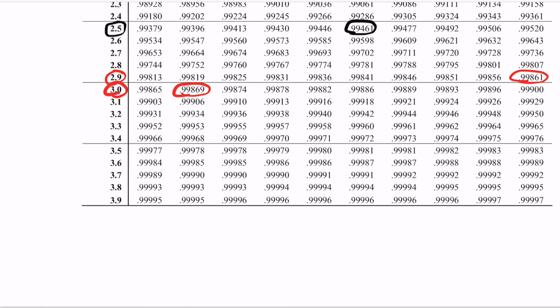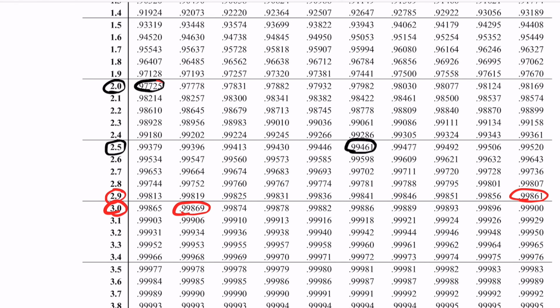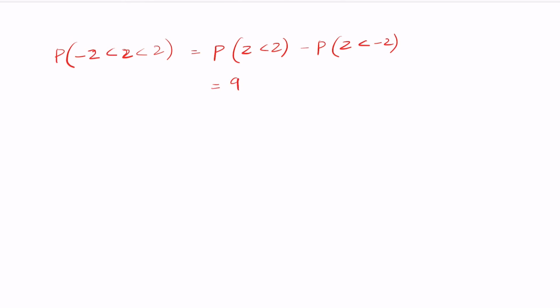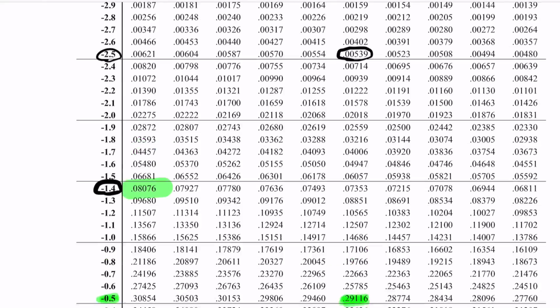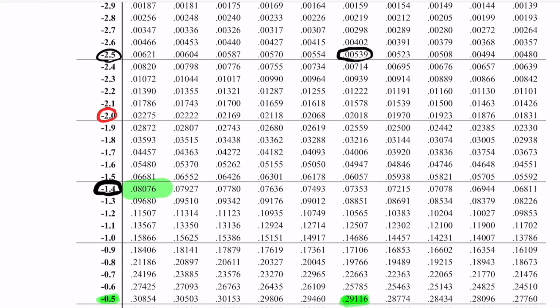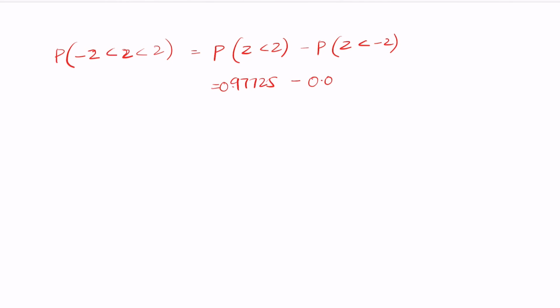So from the table, what is the value for 2? So the value for 2 is 0.97725, 0.97725 minus for -2. So for -2, the value is 0.02275, 0.02275.